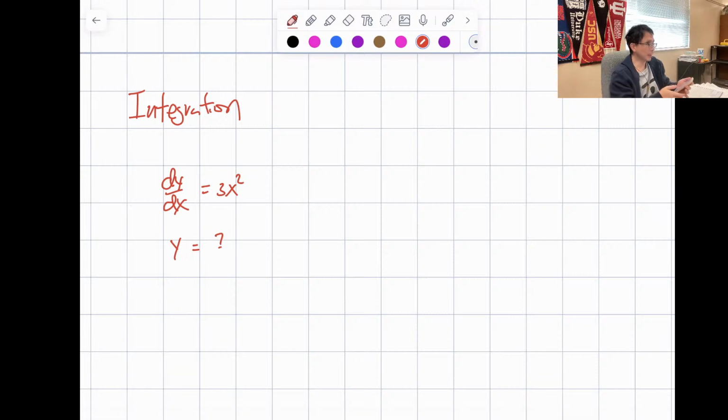I want you to think about it, don't shout it. Is it possible to find y, and is it possible to come up with a formula that can be determined? Those are things you should always think about. I say don't shout it. If you shout it, other people stop thinking.